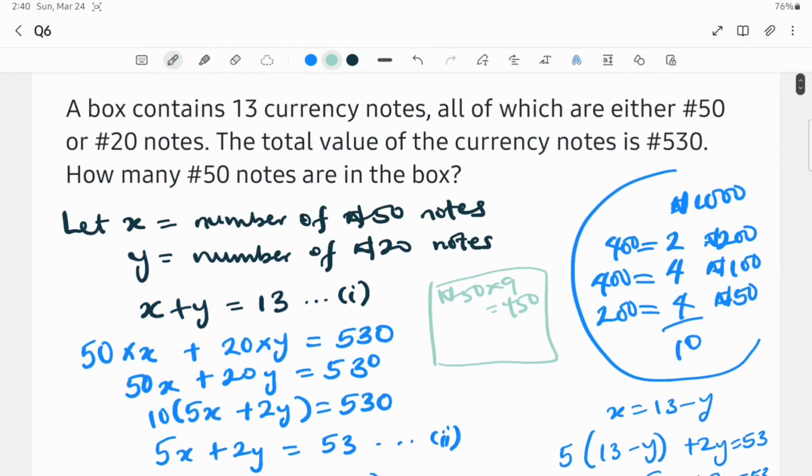So that means if we have 4 20 naira notes, that will be 20 naira multiplied by 4, and that's 80 naira. So if you add 450 naira to 80 naira, definitely you are getting this 530 naira. So you can see that you can confirm your answers. So if at the point you made a mistake, you can trace it back to where the mistake was and correct it.